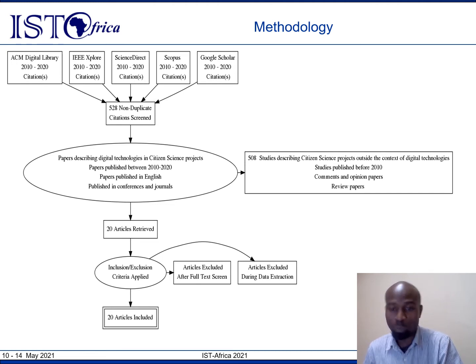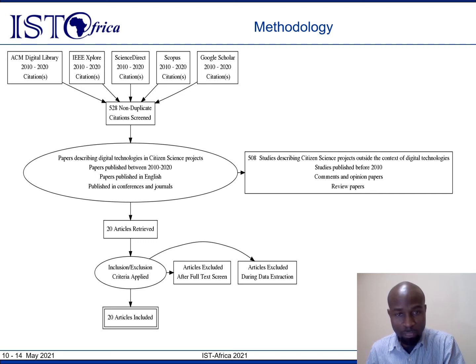The following were the inclusion criteria: papers describing digital technologies in citizen science projects were included. Papers published between 2010 and 2020 were included. Papers published in English were included. Conference and journal papers were included.